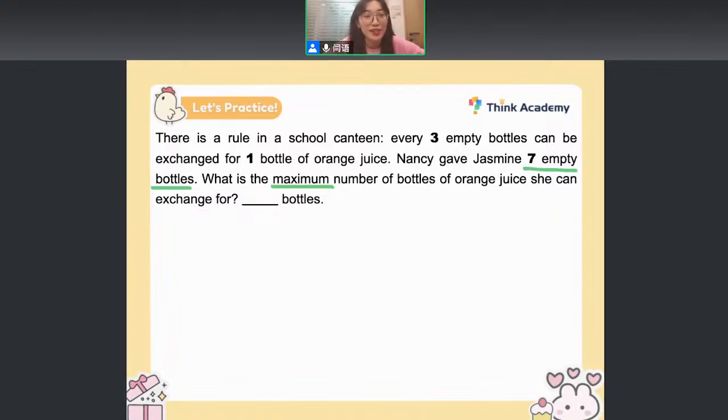Draw the circle for empty bottles, and you can color it for orange juice. And then you only need to count how many colored circles are there. Right? Okay, let's have a look.